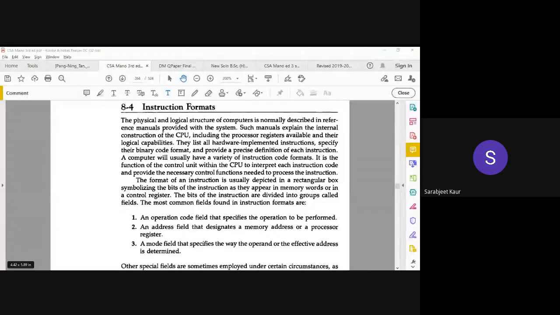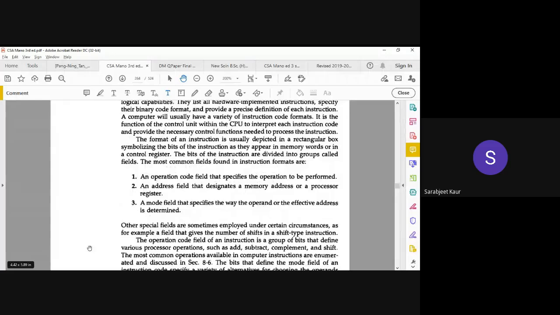Okay, today we are going to start with a discussion on the instruction formats first of all. This is in continuation with what we have seen in chapter number 5. If you remember, we've already seen certain types of instructions. Typically an instruction format is defined wherein we specify an opcode and an address field that designates a memory address.